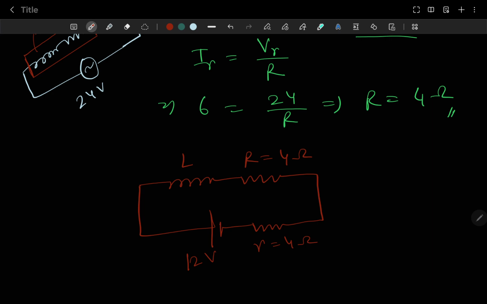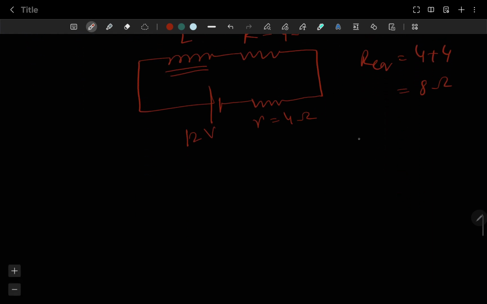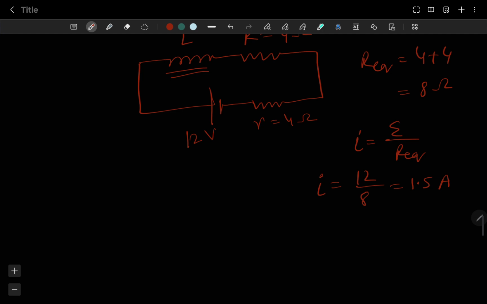So what will be the current? In steady state this inductor behaves like a short circuit to DC, so inductance will have no effect here, it is just a wire, nothing else. So the net resistance is 4 plus 4, that is 8 ohm, and EMF is given, so the current is EMF by resistance, 12 by 8, that is 1.5 ampere, okay, clear.